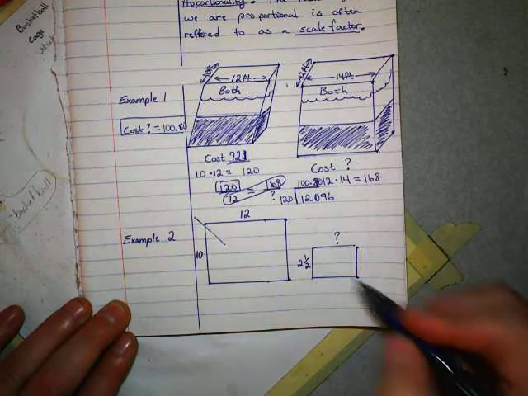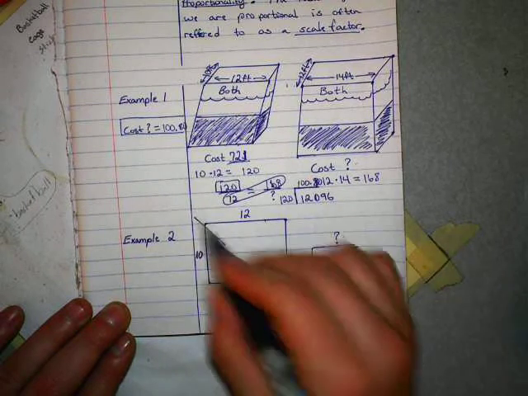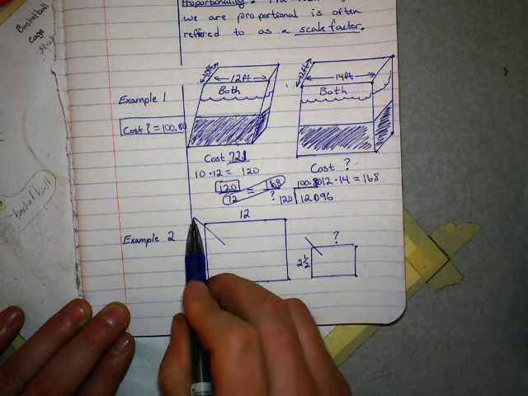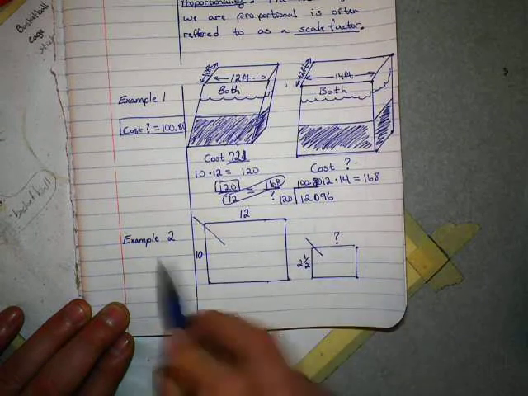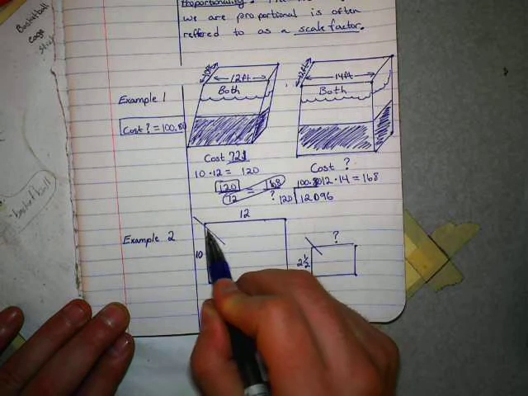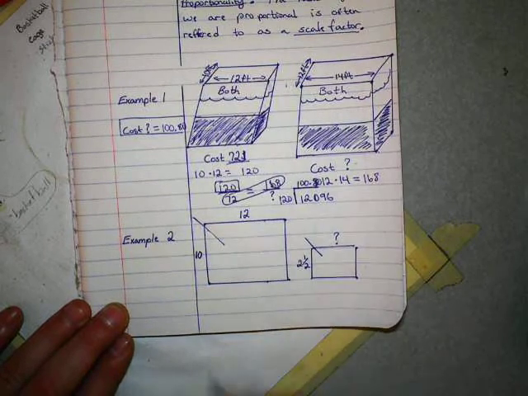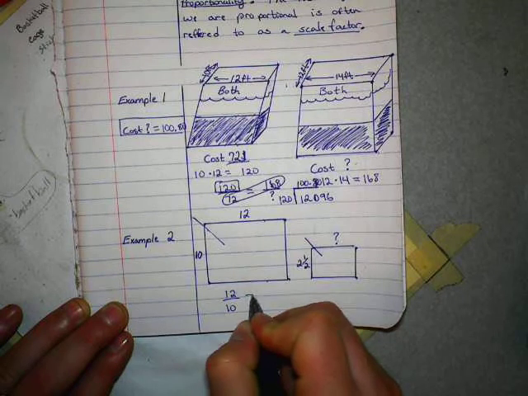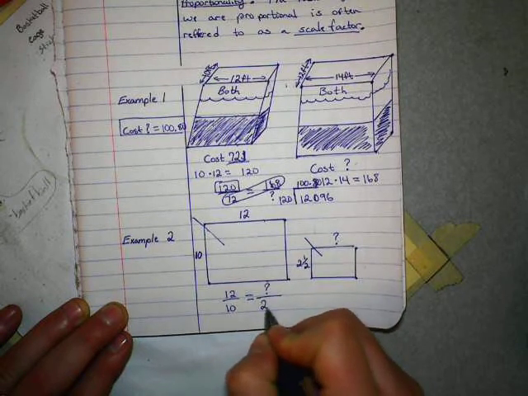On the second picture, you draw a line as well, but it needs to go the same direction. Notice my line goes from high to low here, high to low here, as it goes from left to right. So that tells me it's 12 over 10 and question over 2.5. If I write that out, 12 over 10 is equal to what we're looking for over 2 1/2.